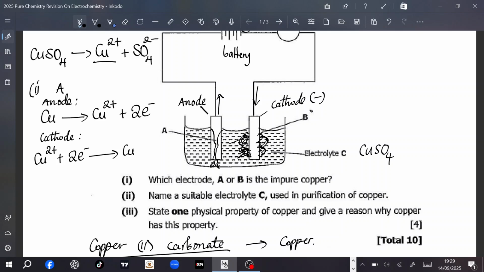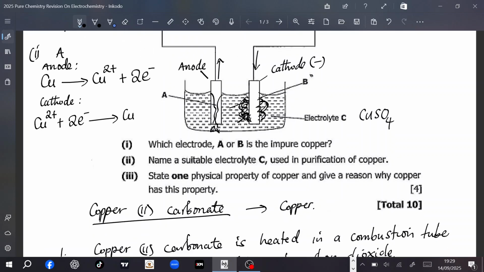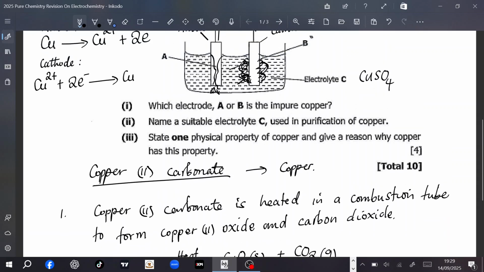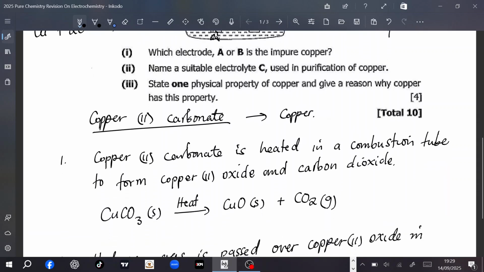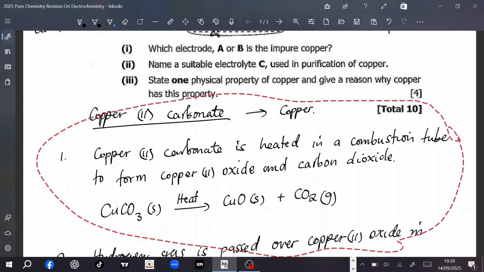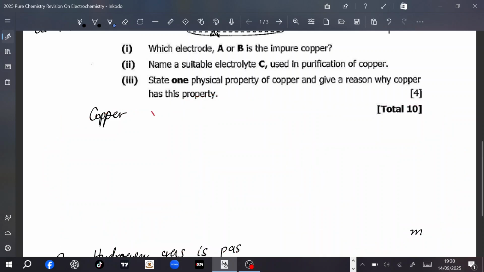I've just explained these. Then, yeah, let me remove these which I used to answer here.